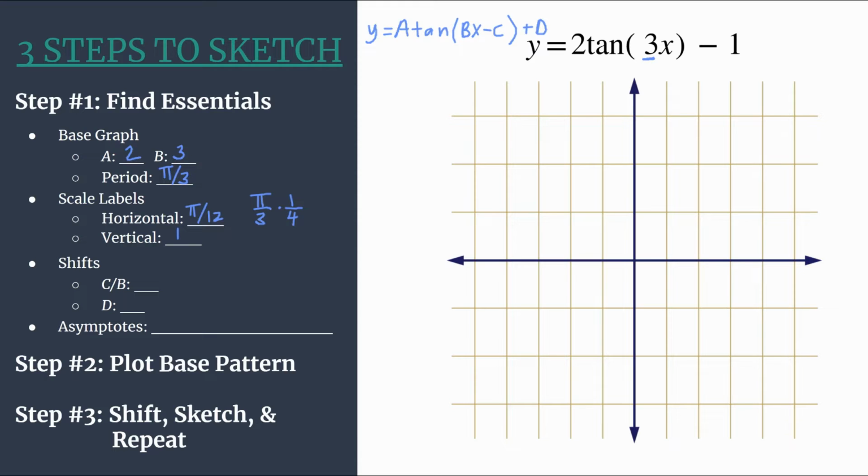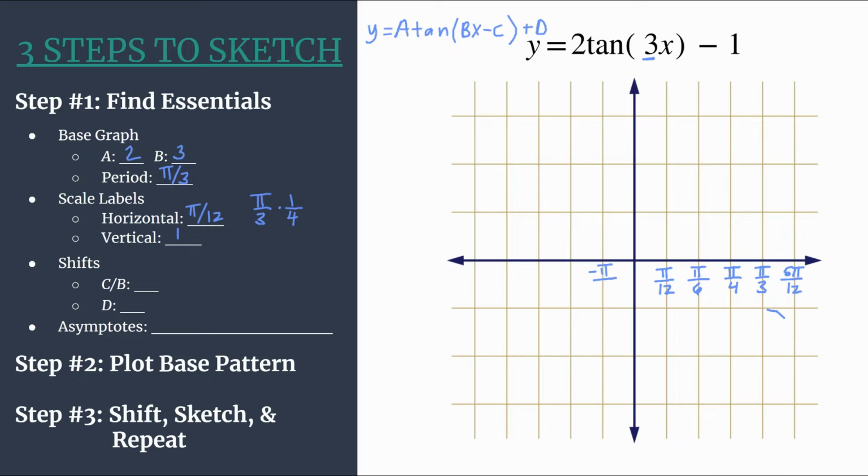Okay, so let's pause for a moment to label the axes. So horizontally, we're labeling counting by 1 pi over 12, 2 pi over 12, which reduces to pi over 6, 3 pi over 12, which reduces to pi over 4, and 4 pi over 12, which reduces to pi over 3. And of course, the next will be 5 pi over 12.